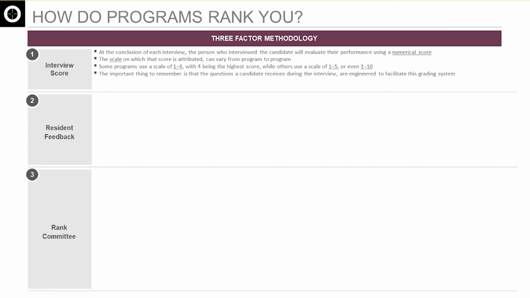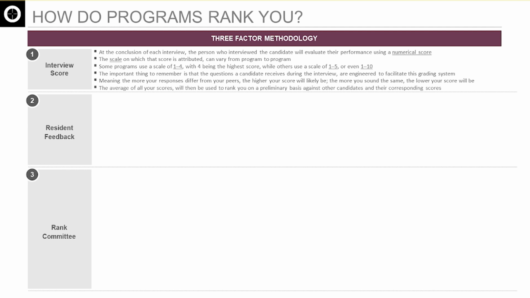The important thing to remember is that the questions a candidate receives during the interview are engineered to facilitate this grading system. Meaning the more your responses differ from your peers, the higher your score will likely be, while the more your responses sound the same, the lower your score will likely be. The average of all your scores will then be used to rank you on a preliminary basis against other candidates and their corresponding scores.